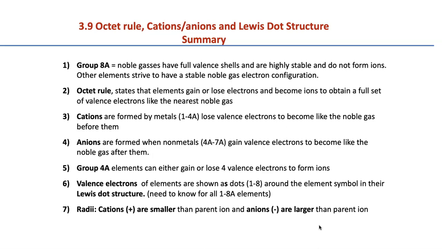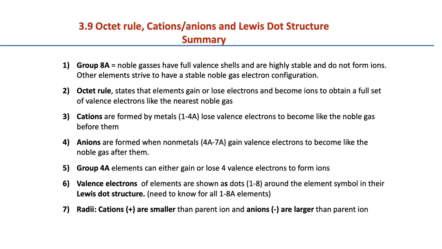Cations are formed by metals in groups 1 to 4A who lose valence electrons to become like the noble gas that comes before them. Anions are formed when nonmetals 4A to 7A gain valence electrons to become like the noble gas that comes after them.